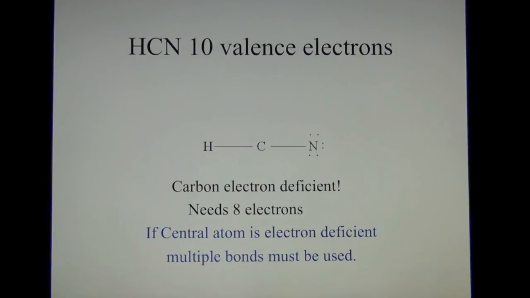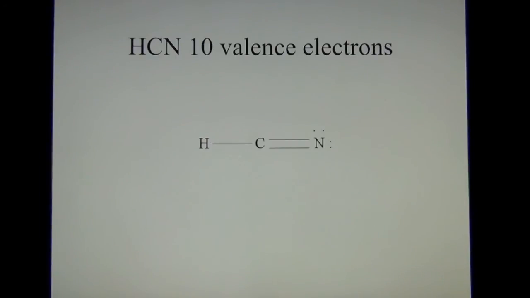So let's change that single bond between carbon and nitrogen to a double bond. You now notice that the lone pairs went from 3 down to 2 once we incorporated that double bond with the carbon. Nitrogen still has the octet that it needs. It has the 4 that are being shared, and it's got the 4 electrons within the lone pairs.